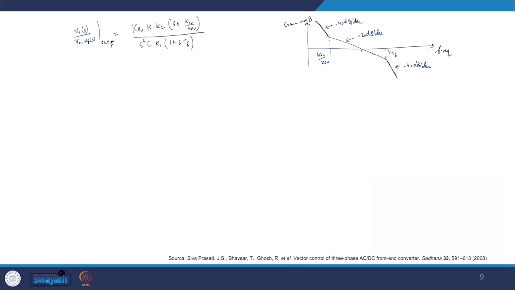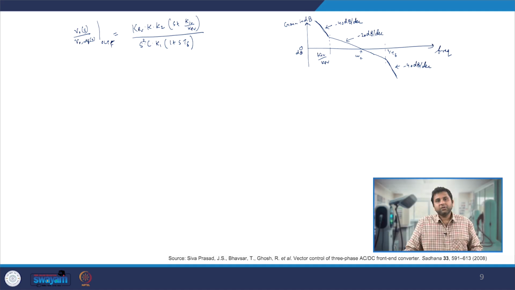we have gain which is again falling with minus 40 dB per decade. Now at this point let us say this is the 0 dB line, and we have the 0 crossing at omega c. If we look very carefully, we know that if the gain Bode plot is crossing the 0 dB line with a slope of minus 20 dB per decade, then we can get a higher phase margin as compared to when it is falling with minus 40 dB per decade or minus 60 dB per decade.